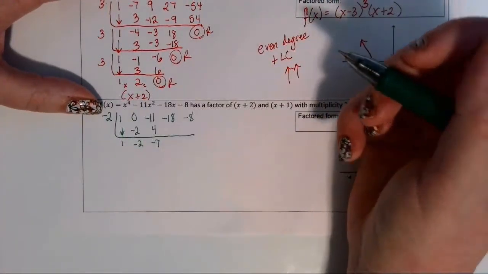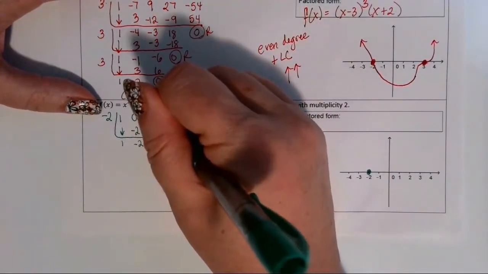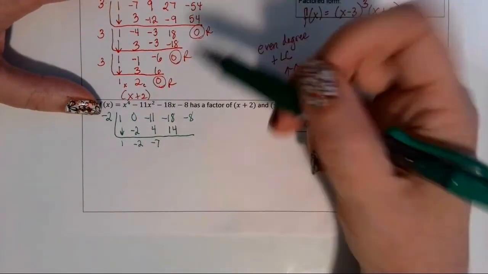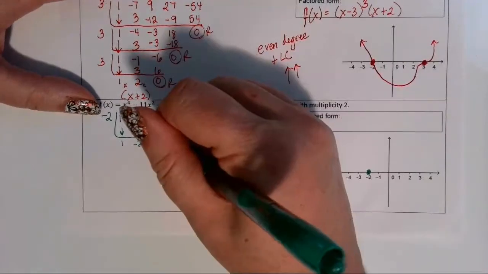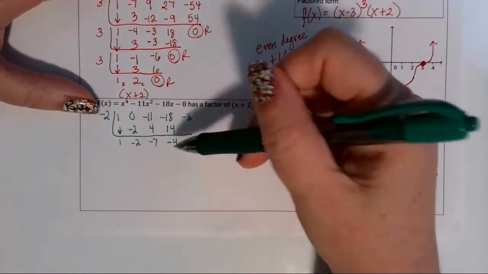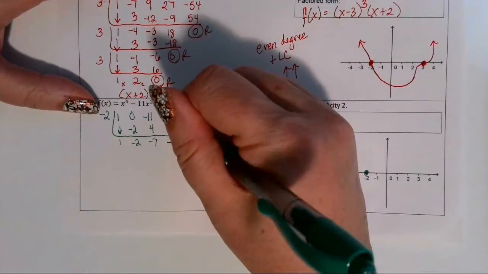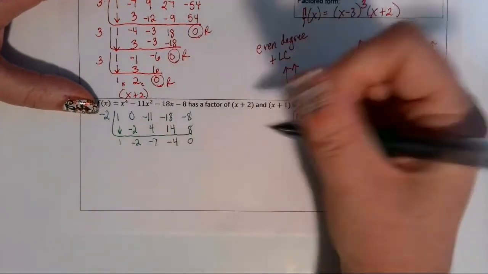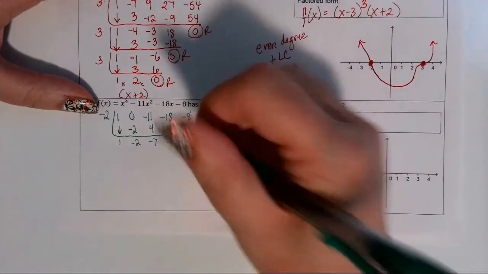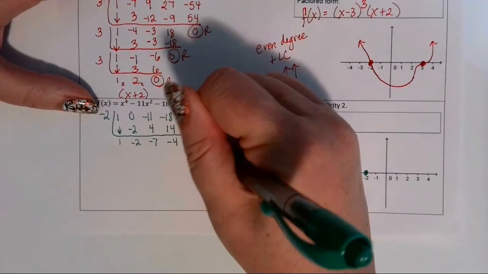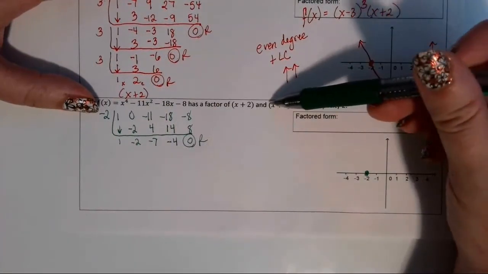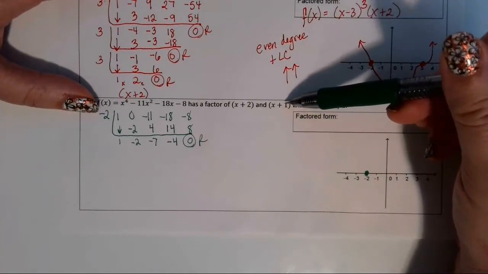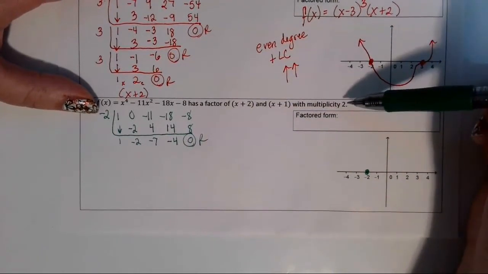Negative 7 times negative 2 is positive 14. Add those together. Negative 18 plus 14 is negative 4, then multiply. Negative 4 times negative 2 is positive 8, and add negative 8 plus 8 is 0, and that's our remainder. We have another factor now of x plus 1 with multiplicity of 2.